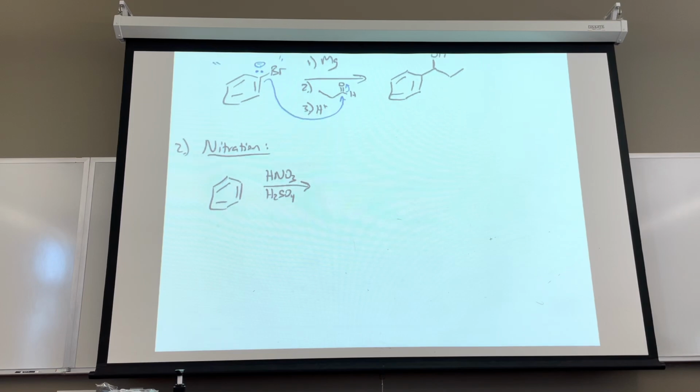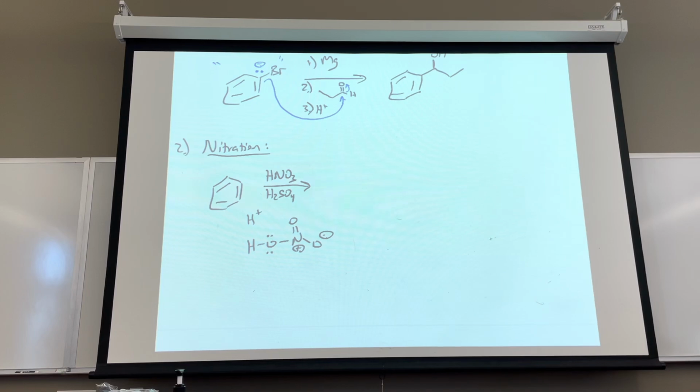So if you think about the Lewis structure of nitric acid, it's going to look something like this. Okay. HNO3. So what we're going to do now is add sulfuric acid to this. So I'm just going to kind of abbreviate it as H+.